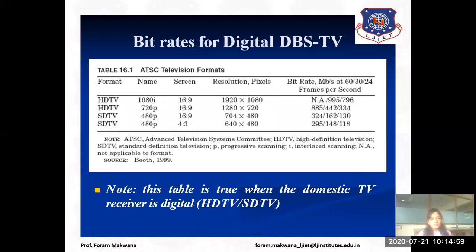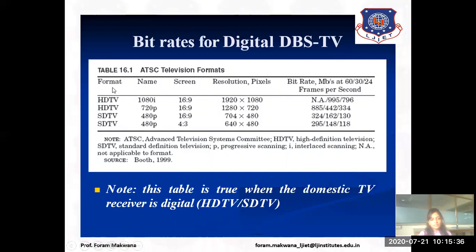Now these are the different bit rates for digital DBS TV receiver. So these are the ATSC television formats. Now what do you mean by ATSC? ATSC stands for Advanced Television System Committee. These different formats are like high definition television and standard definition television. Each and every format has a specific resolution and specific bit rates.